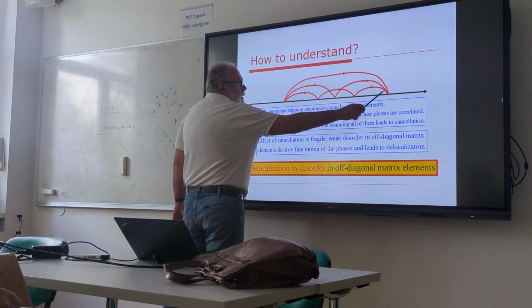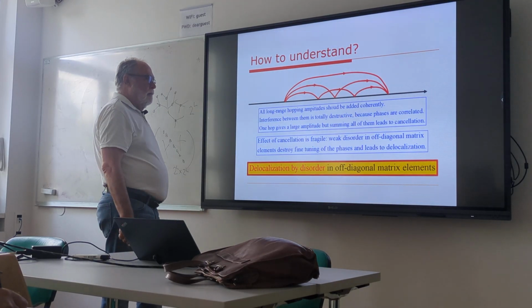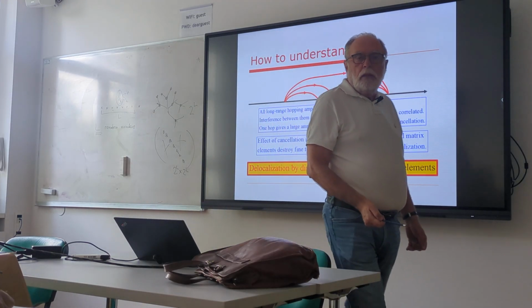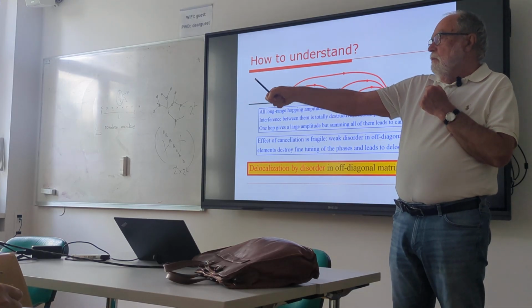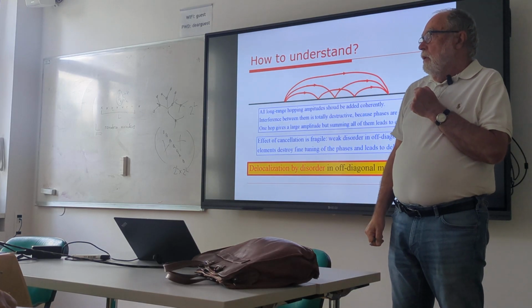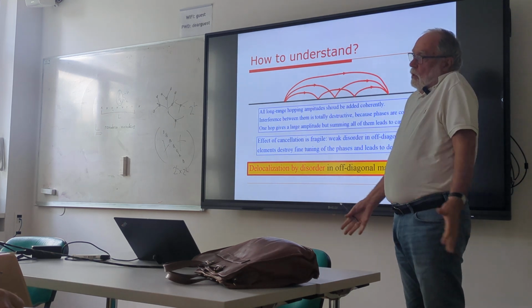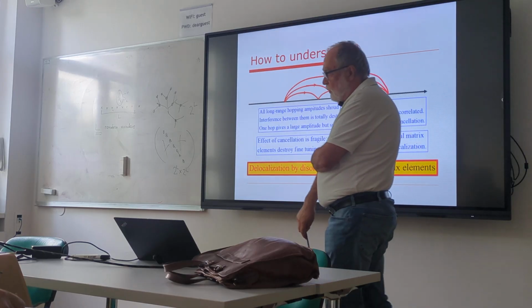So I can easily reach a remote point by one single hop. And this is what in classical physics would happen. In classical physics, if I can reach a remote point by one single hop, okay, I'm there. It's not what happens in quantum physics.